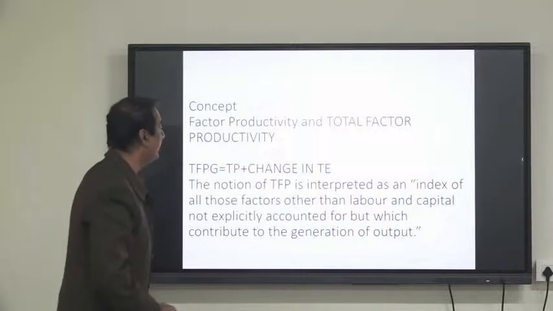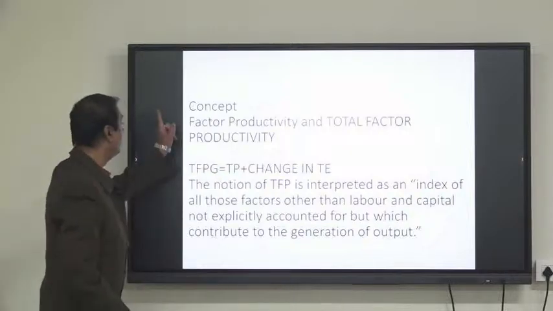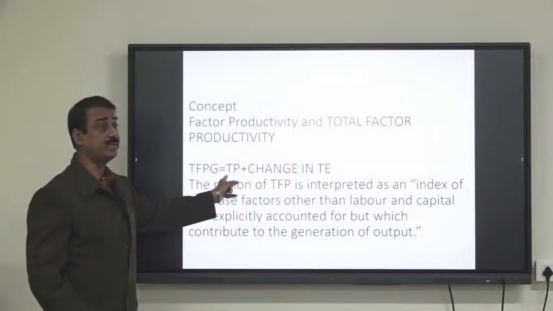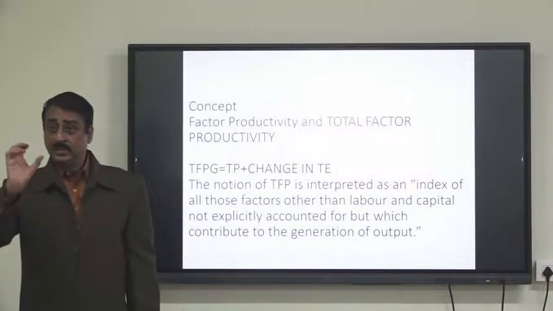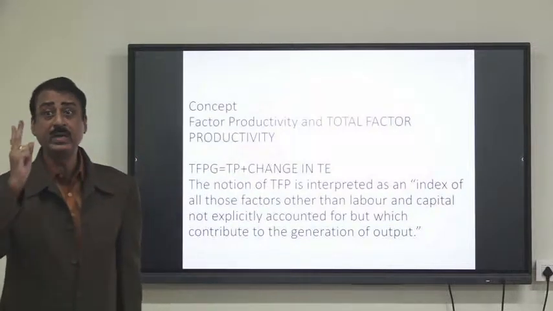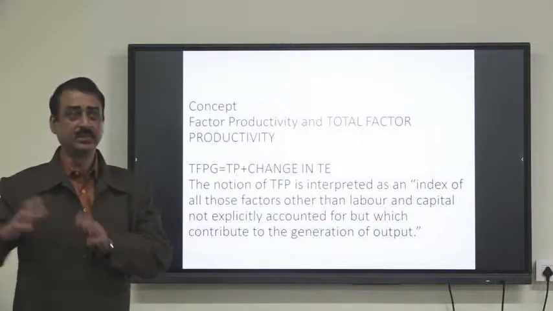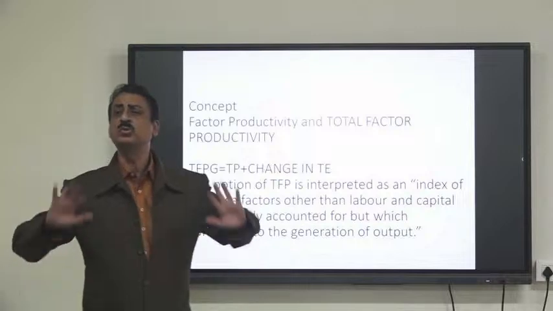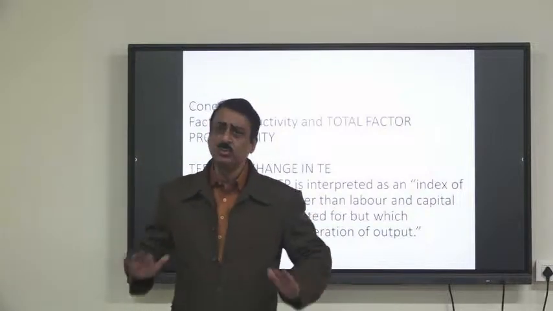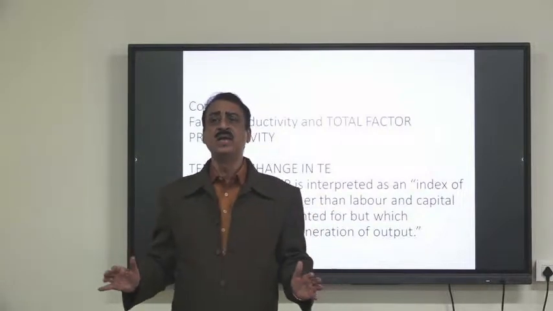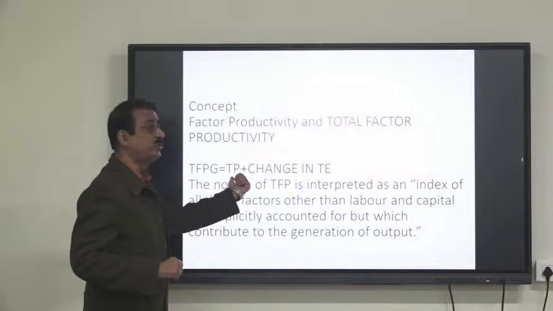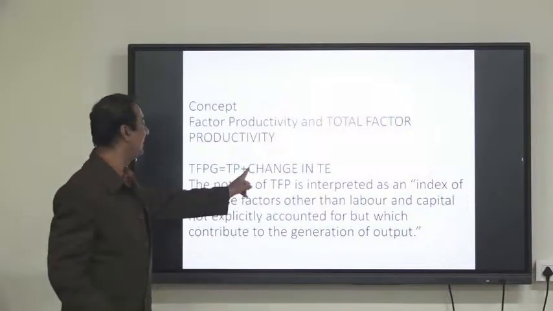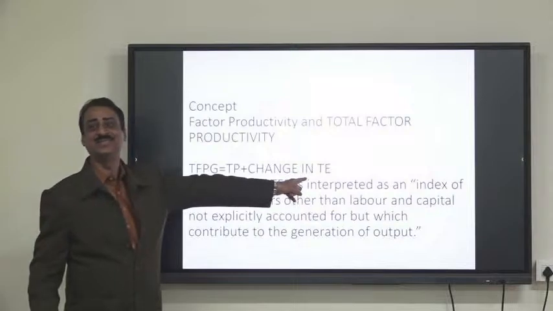So you are able to make a distinction between factor productivity and total factor productivity. And total factor productivity, as you can see, is basically a combination of two important constituents: technological progress and change in technical efficiency. Most of the governments, most of the countries, most of the entrepreneurs are directed to raise the technological progress, but they do not pay much attention to raising the technical efficiency.